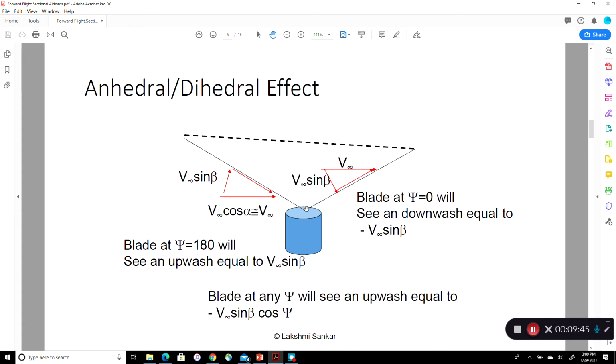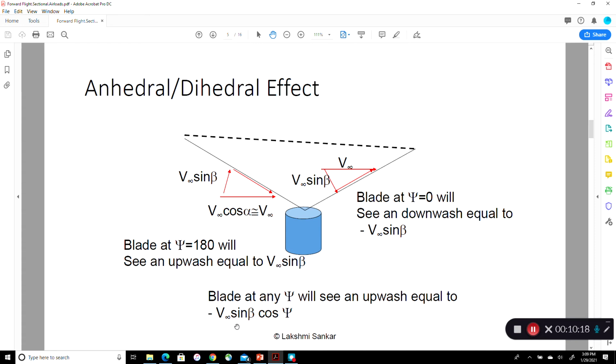How about on psi equal to 0? The same v infinity cosine alpha, or v infinity approximately, has got a downwash. So the air is going from above the rotor disk into the rotor disk. Here it is going from below the rotor disk up into the rotor disk. So we see a sign here, it is plus. Here it is minus. So depending on the azimuth angle, the sign is changing.